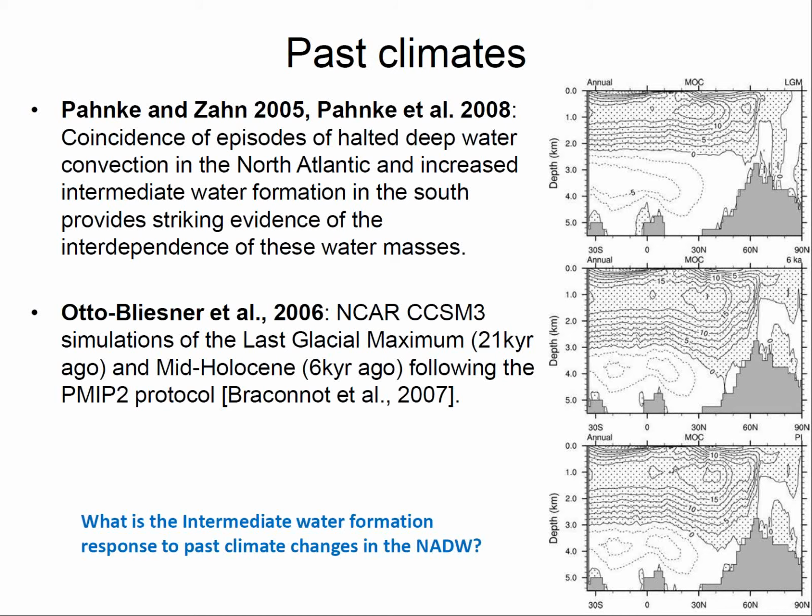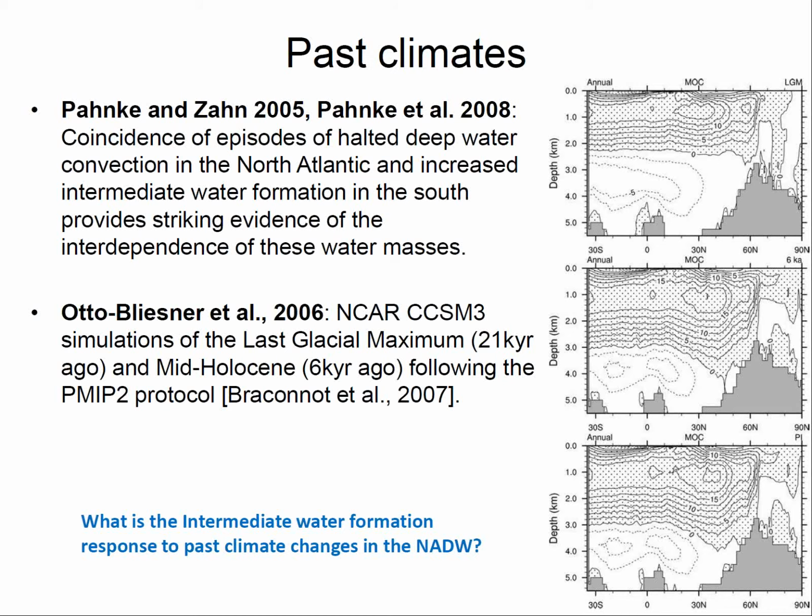And in 2006, some people from NCAR ran, as part of the PMIP2 project, the CCSM3 in two settings: the Last Glacial Maximum at 21,000 years ago, and the mid-Holocene at 6,000 years ago.